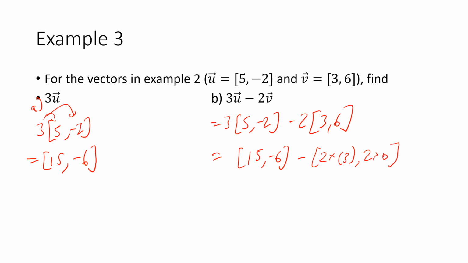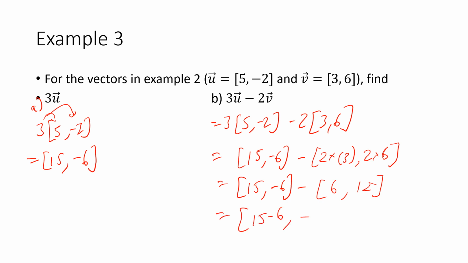Right? So this would be 15 and -6 minus 6 and 12. So we're going to get 15 minus 6 and -6 minus 12, which will give me 9 and -18.